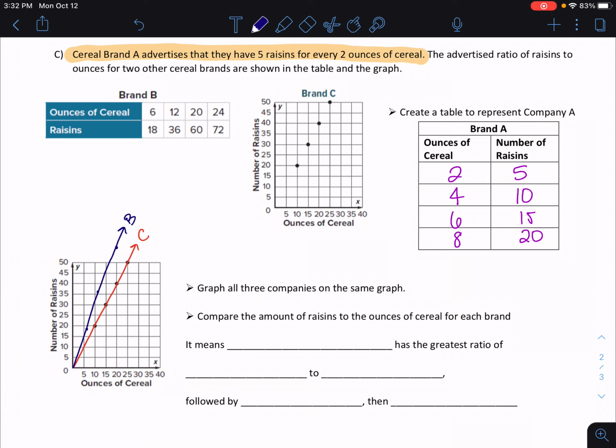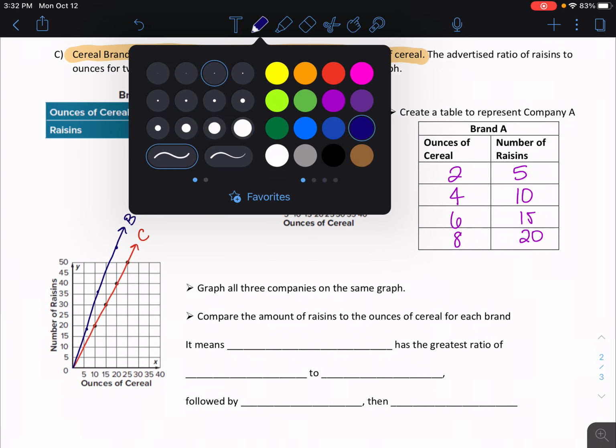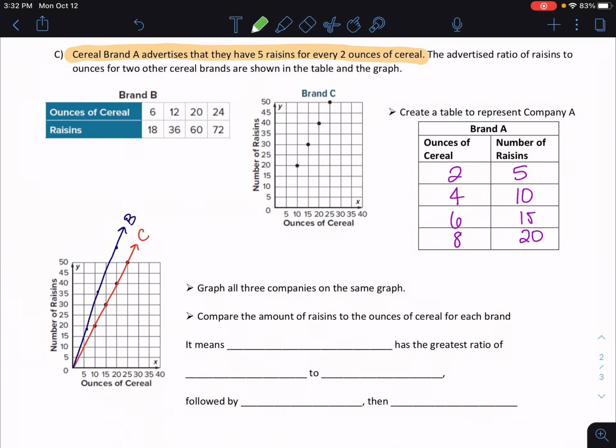So there's brand B. And then for brand A, I've got 2, 5 right there on the line. 4, 10 is going to be in between those two. 6, 15, again, we're in between. And then 8, 20. So we're right in between those other 2 lines. Just kind of squeak it in there.